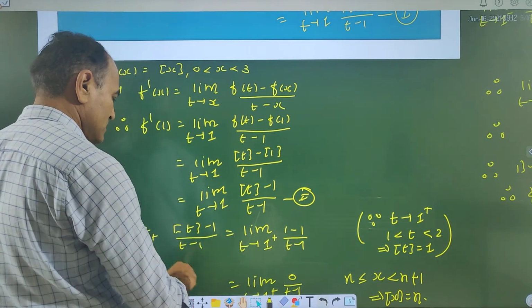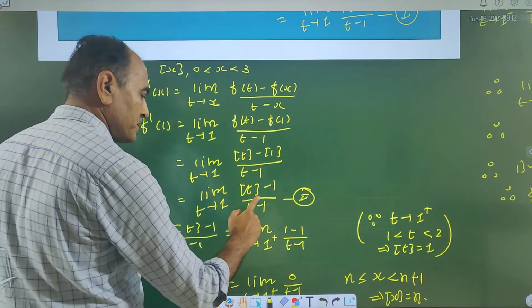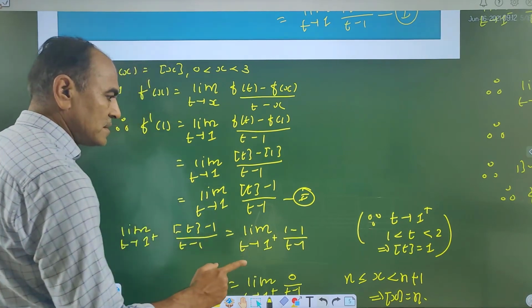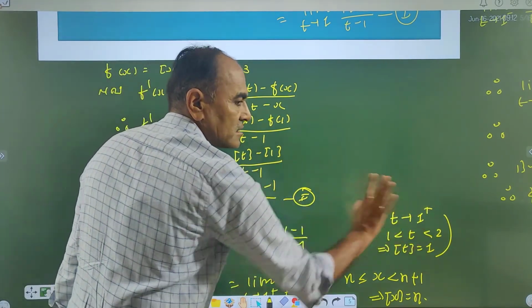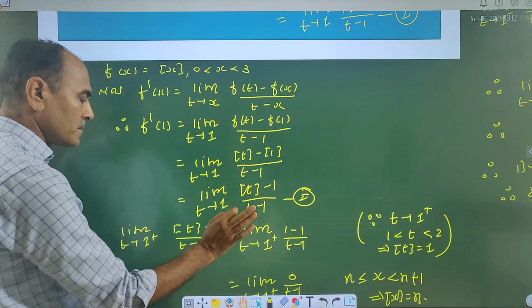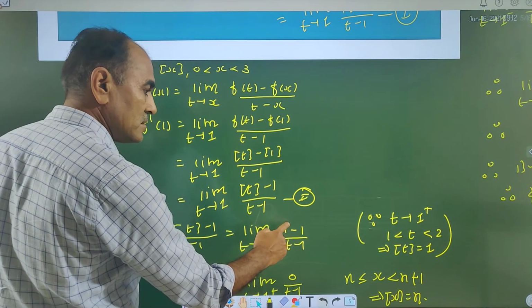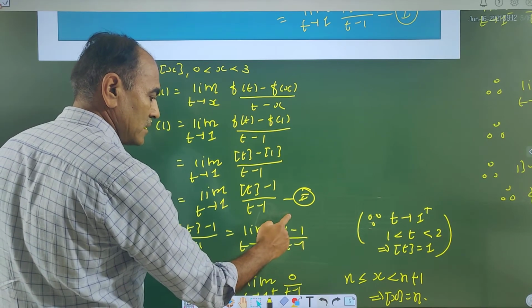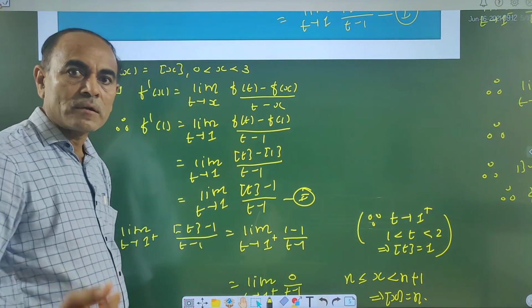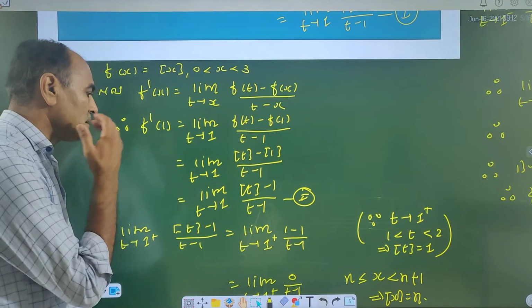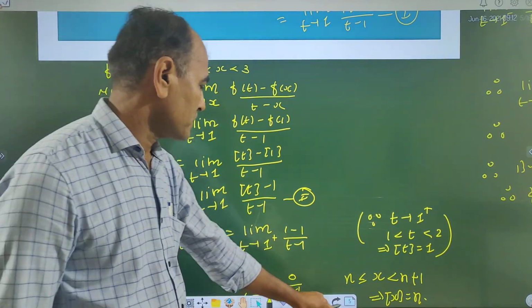In that case, this limit does not exist, because t tends to 2 plus means 2 less than t less than 3, so the integer part comes out 2. So here you get 2 minus 1 over t minus 1, that is t minus 2, so that is 1 over t minus 2, and that limit does not exist. Is it clear? So I am doing that part too.